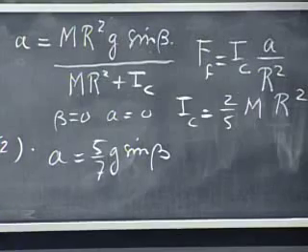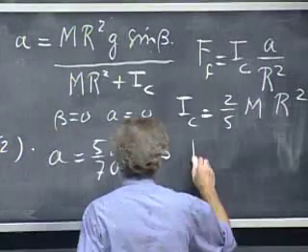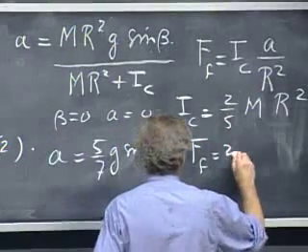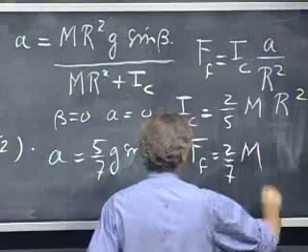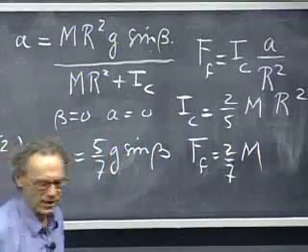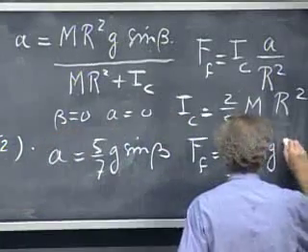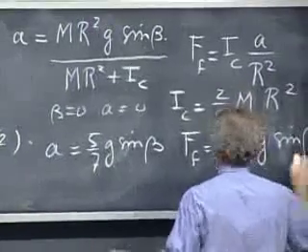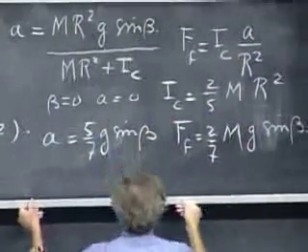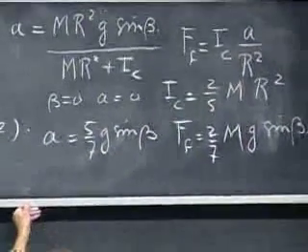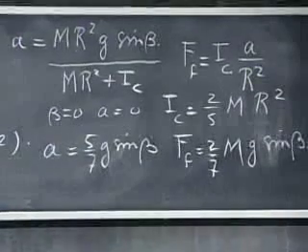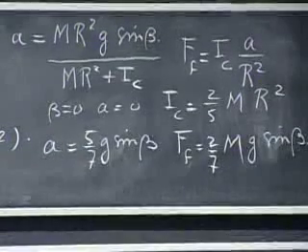And I find that the frictional force, F of F, equals 2/7, I believe, times mg sine beta. Indeed. These are the results by substituting the moment of inertia in there. Let's look at these results a little closer.